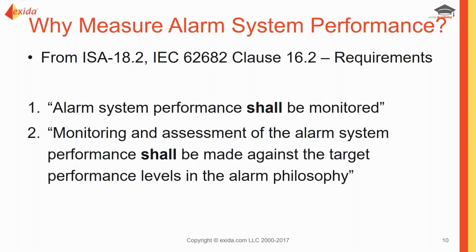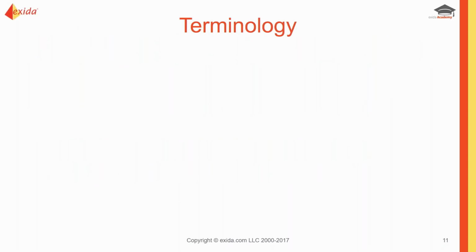We'll look at examples of these performance levels coming directly from the ISA standard. And those are typically the ones that end up in an alarm philosophy either as is or maybe slightly modified. So, reason to measure and analyze performance.